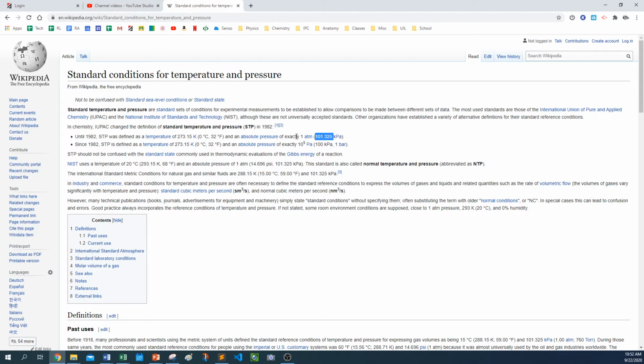Note that they wanted to be more metric. Kilopascal is more metric. So after 1982, the standard temperature and pressure was defined as exactly 100 kilopascals. So we're using the pre-1982 definition of standard STP. Note that it's just 1.325 kilopascals off. The numbers are going to be about the same.